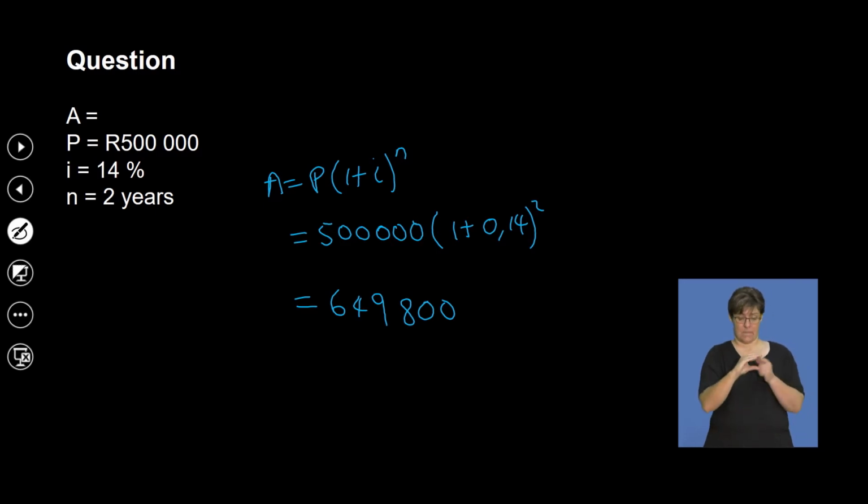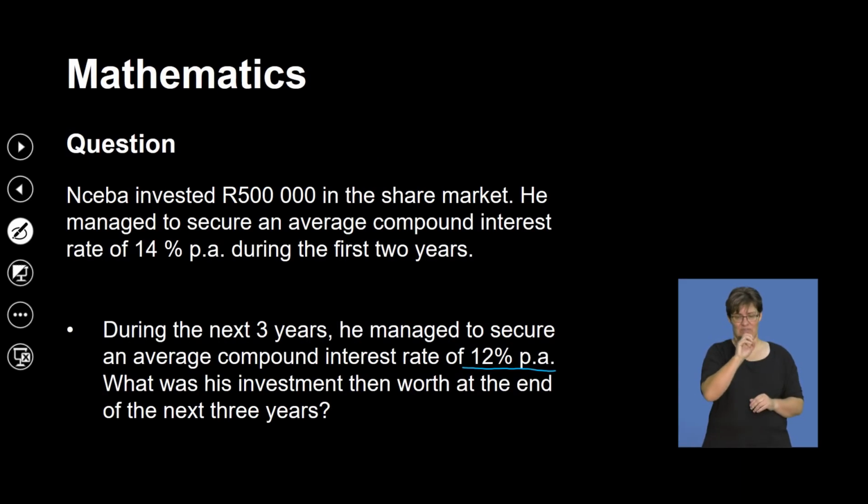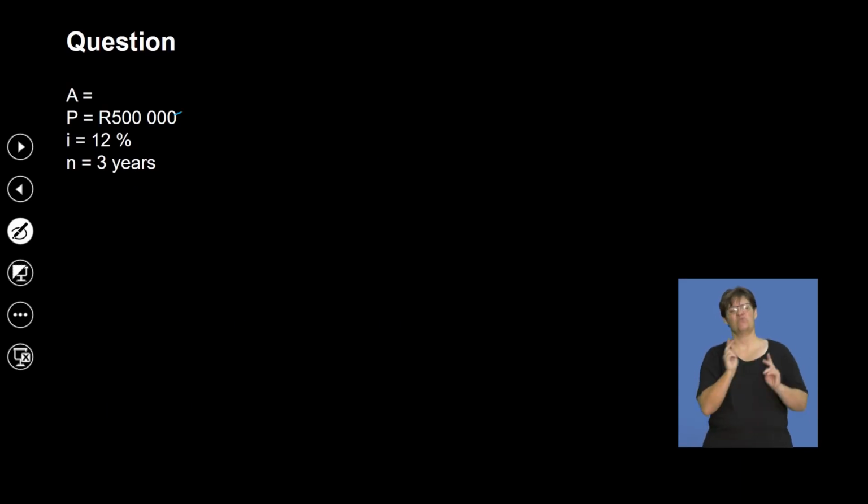That's what now he has. So for the next 3 years, this we take as our P value and not the 500,000, which is normally what we make as one of the examples. So I left it there so that I show you that this is not really going to be the case. Why? Because this was initially when Nceba opened the investment, right?